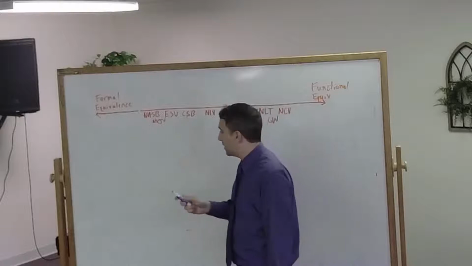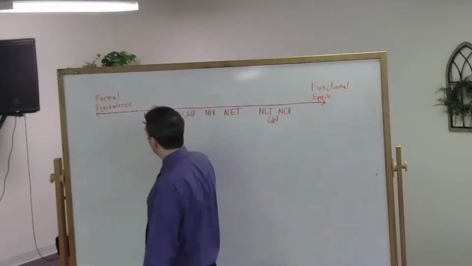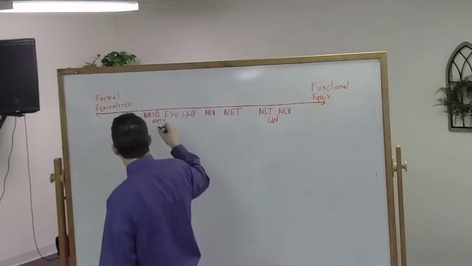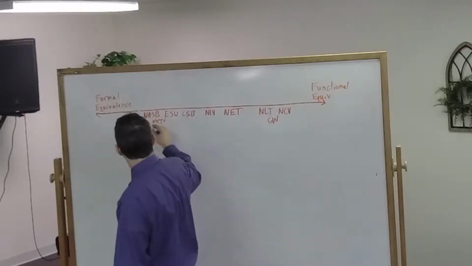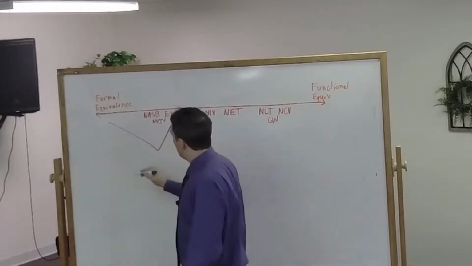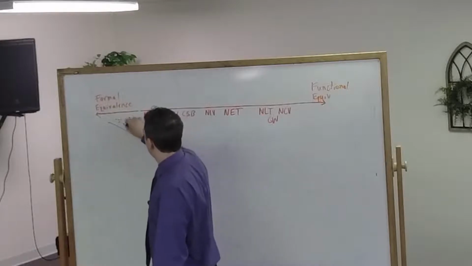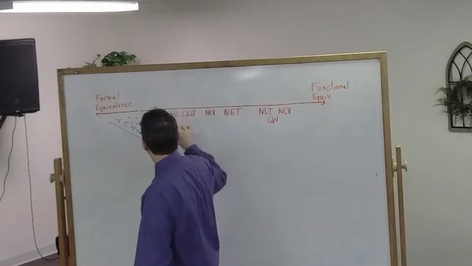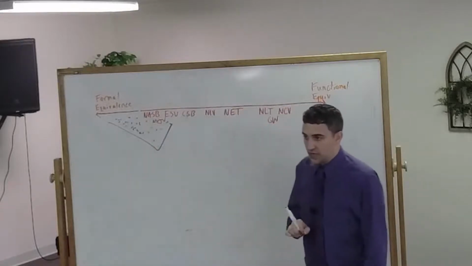So you would think that, assuming literal and formal are kind of the same thing, the range that the New American Standard is in is, say, something like this. Most of its translations are in the literal, but every once in a while you might have something over toward the more functional side of things.